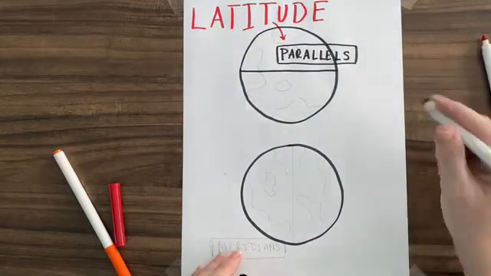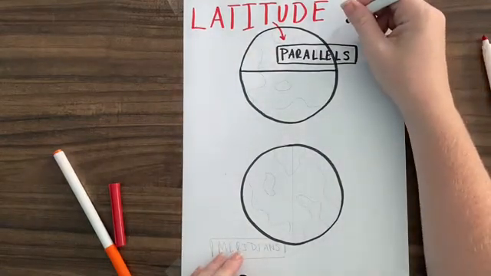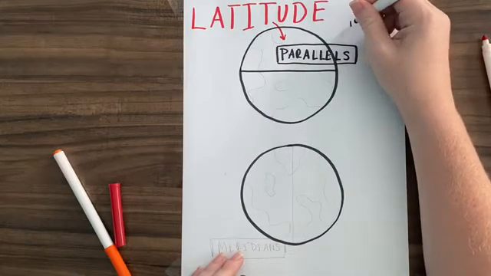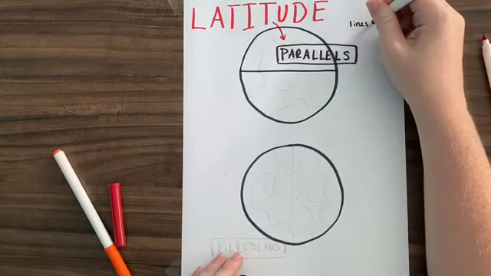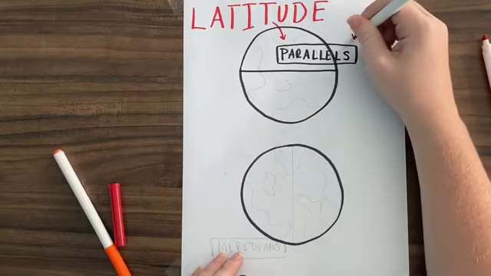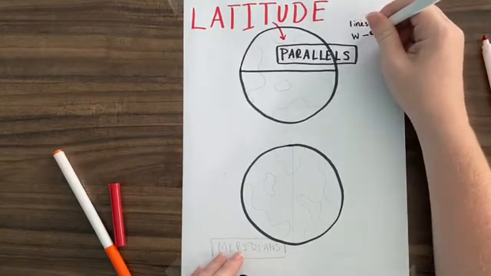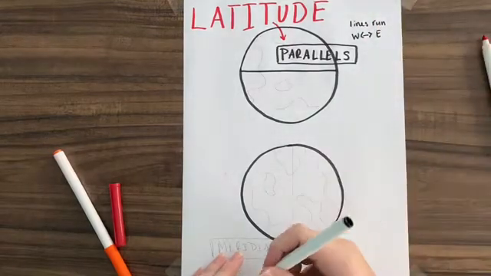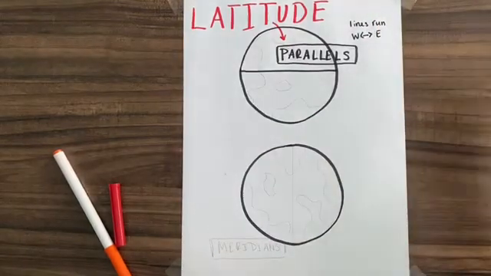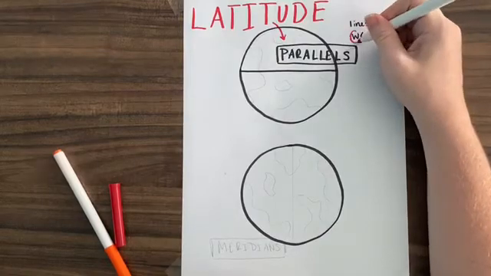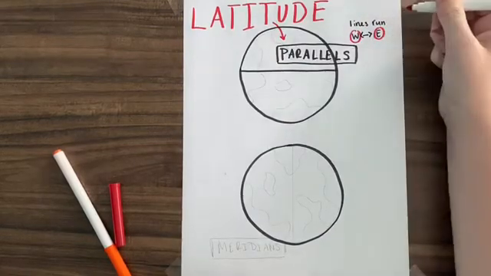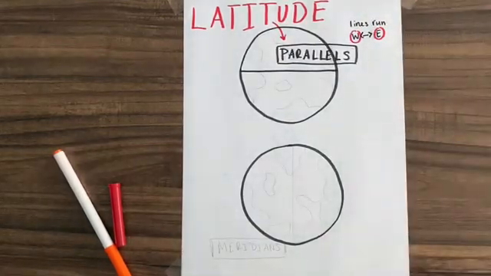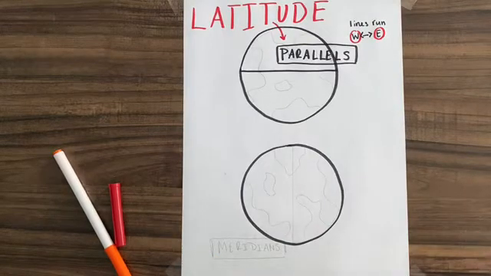So it's a line that runs across the Earth from west to east. So the lines run from west to east. Now this is going to sound a little weird at first, but I'm going to show you how we use them.